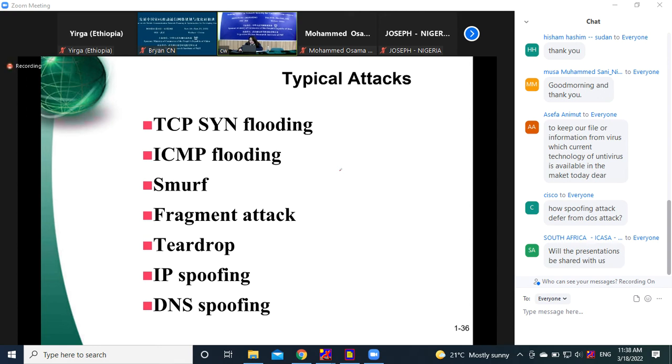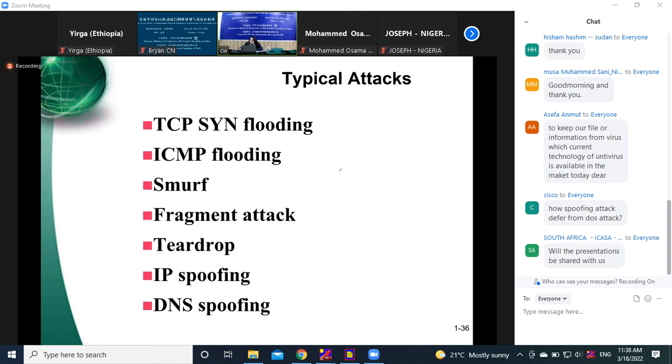So these attackers usually send some SYN packets to the destination router from the source stations.